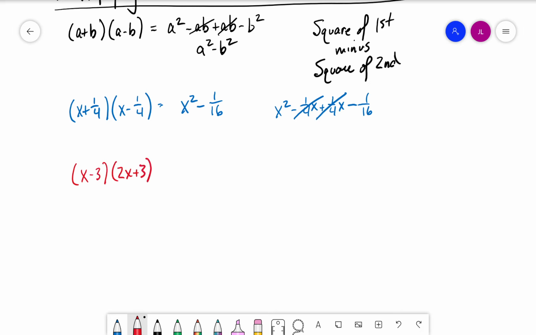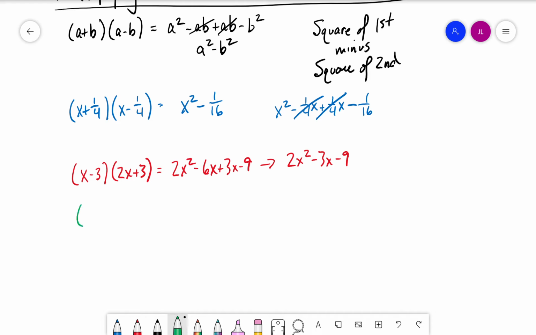A little rehash, a little recap, but we could say, okay, this is 2x squared minus 6x plus 3x minus 9. So what we get is 2x squared minus 3x minus 9. We got one like this.